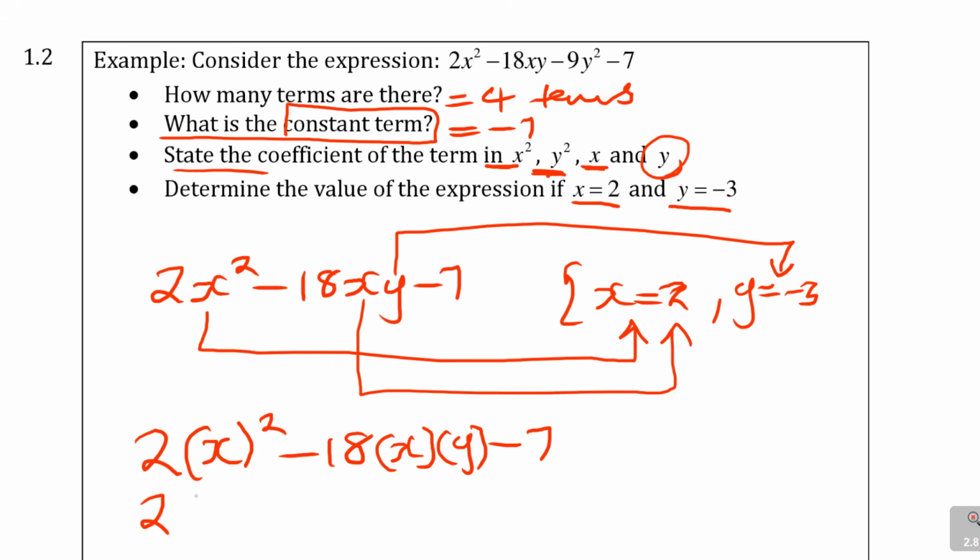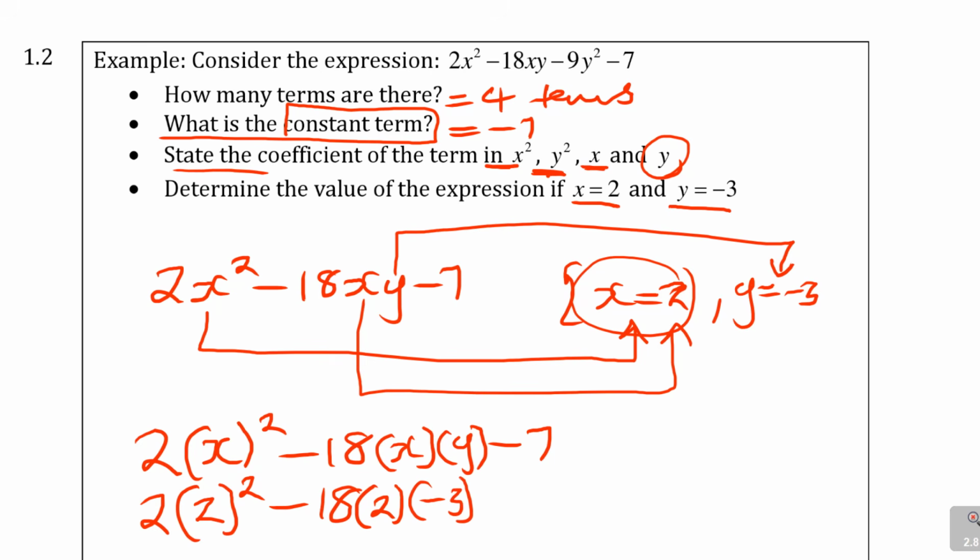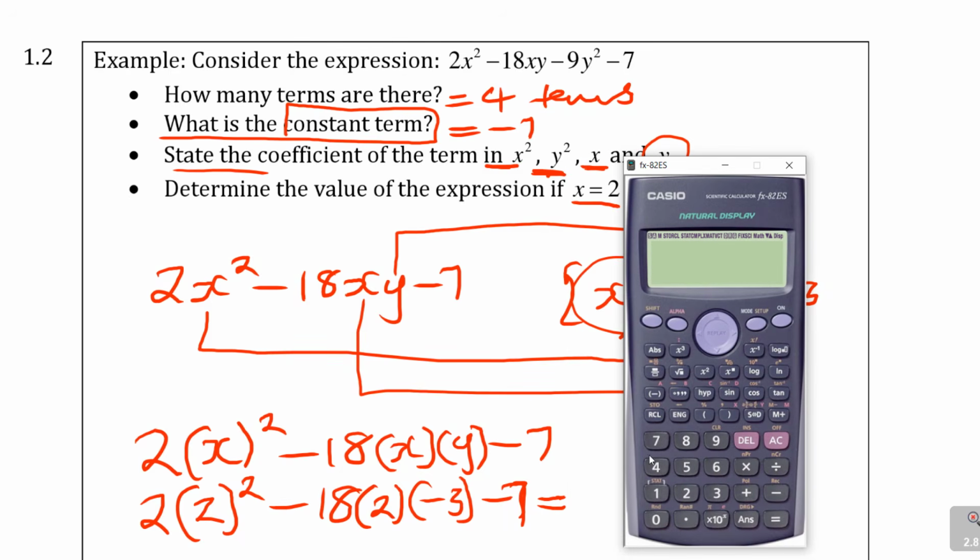Where there is x, they told us what x is. X is 2. See that? So you put 2 in brackets squared minus 18. Remember x, I put 2. And for y, what do I put? I put minus 3 and then minus 7, and then the calculator at this stage will give me the answer. Alright, so you can then use your calculator as is. Don't do it in parts, but do it once.